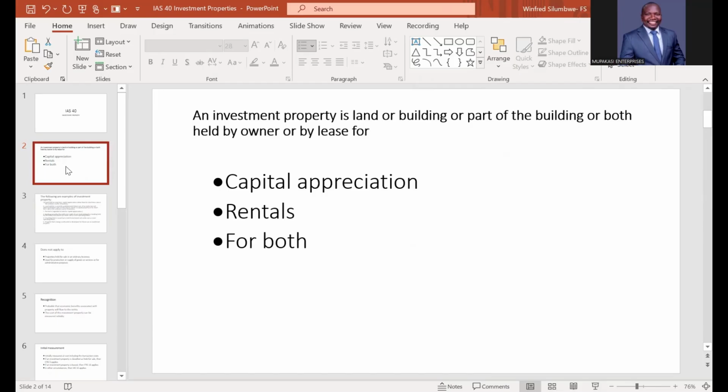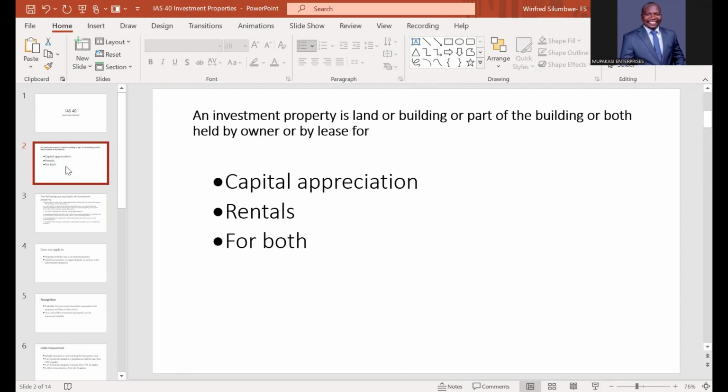If you work for Toyota Zambia and you have motor vehicles stocked there, you are buying and selling them, that does not fall under IAS 40 because those are inventories. You are buying them for sale. But as long as you are building so that it can stay, and you lease it out under either an operating lease or a finance lease, then that falls under investment property.